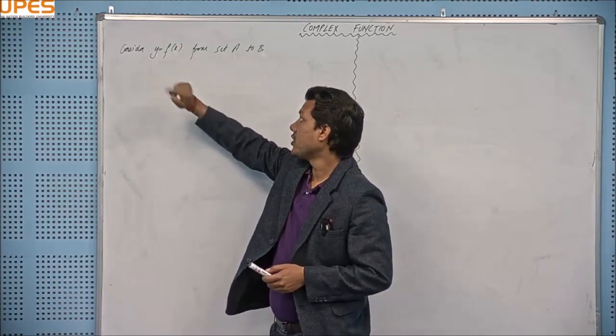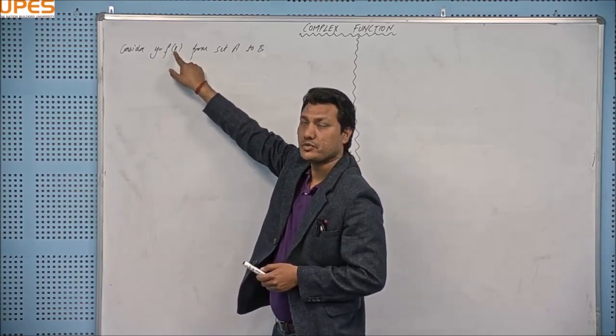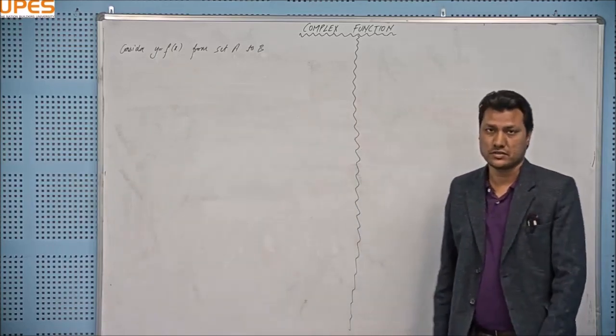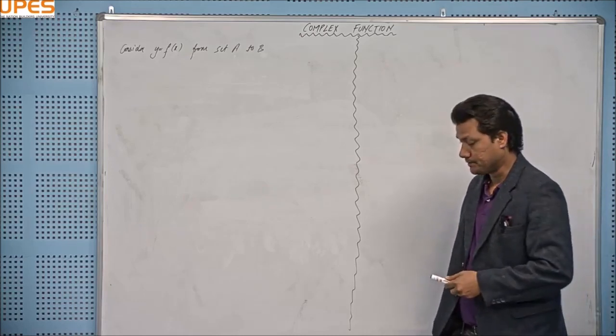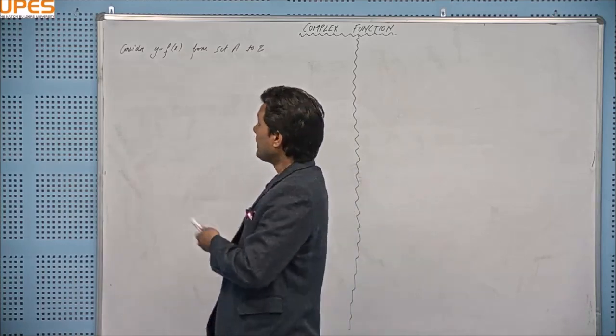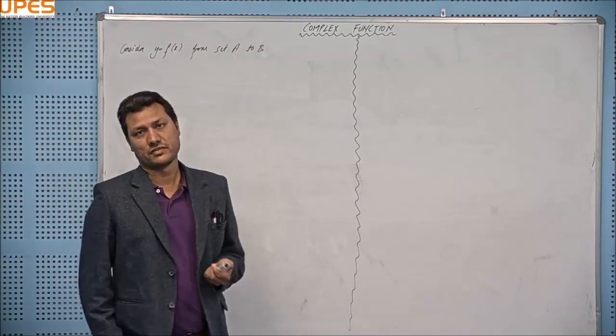If the input becomes complex and the output is also complex, then we call it a complex function. We can define a complex function as a function having the domain and codomain as subsets of complex numbers.